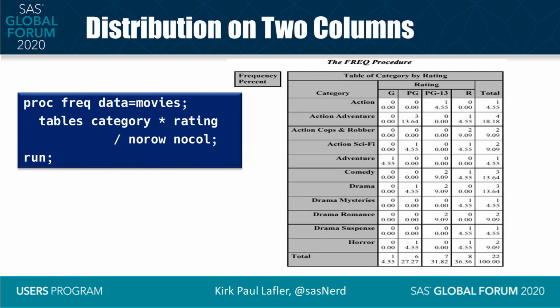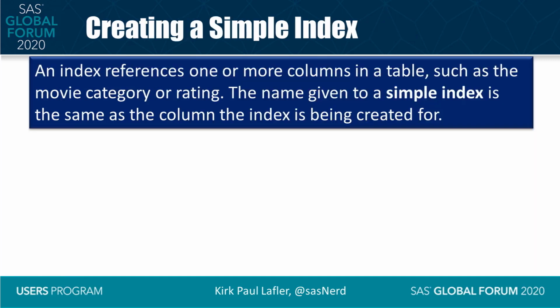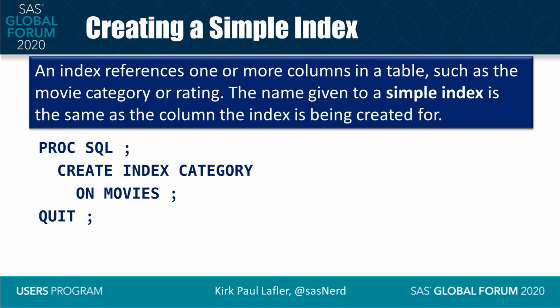So how do you go about creating an index, in particular a simple index? An index references one or more columns in a table, such as the movie category or rating. The name given to a simple index is the same as the column that the index is being created for. Take, for example, to create an index with SQL, we use the create index statement.